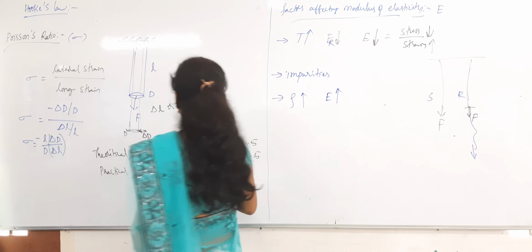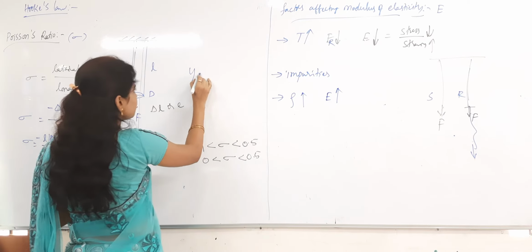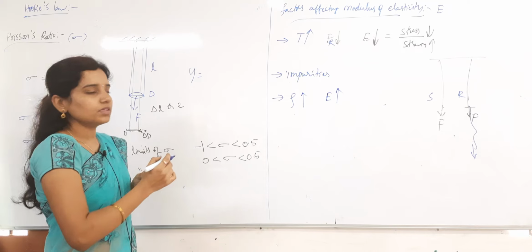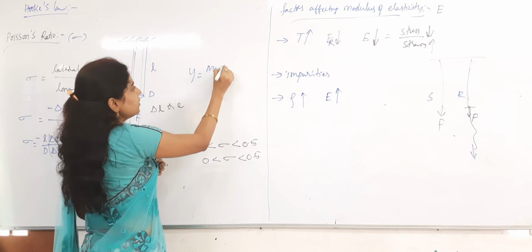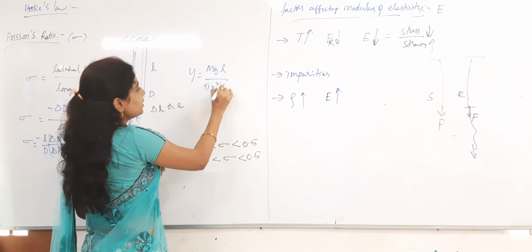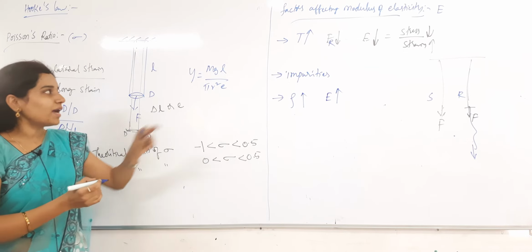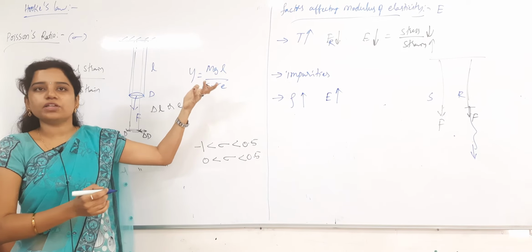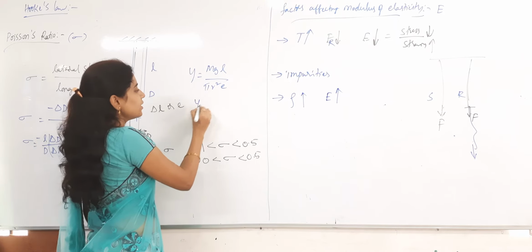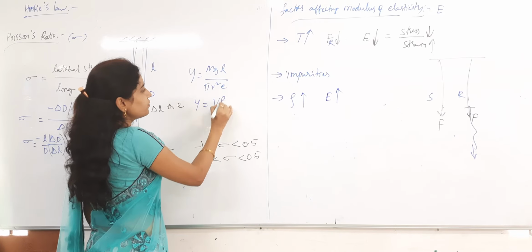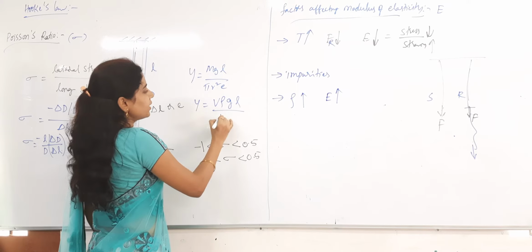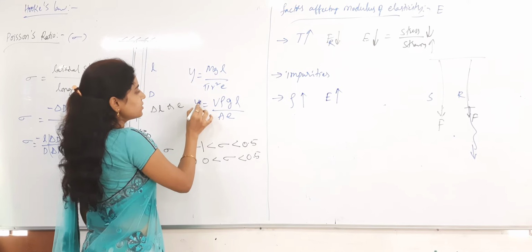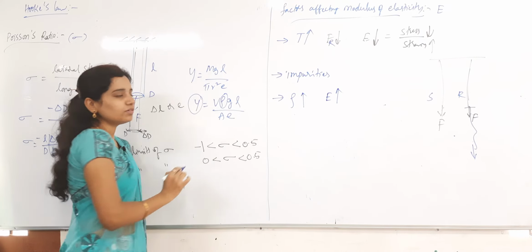Even we can get the relation of the density like this. Y equals, what is the formula we got just before? mgL divided by πr² into E, we got. Mass is nothing but V into rho. So I can say mass is V rho, so Y = Vρg L divided by area into E. Then I can say Y is directly proportional to rho.